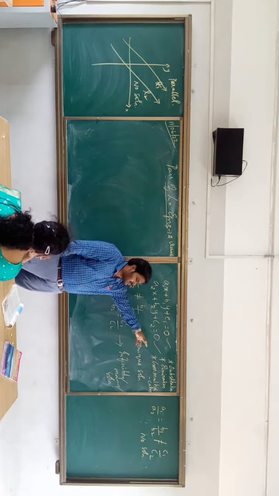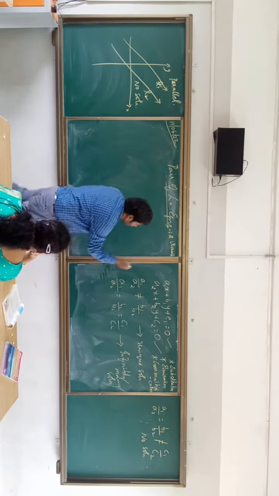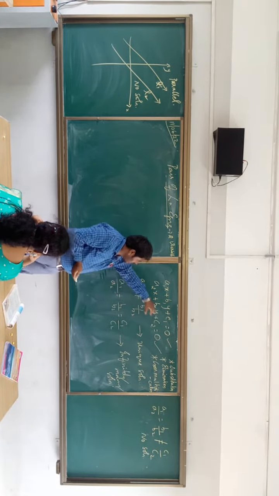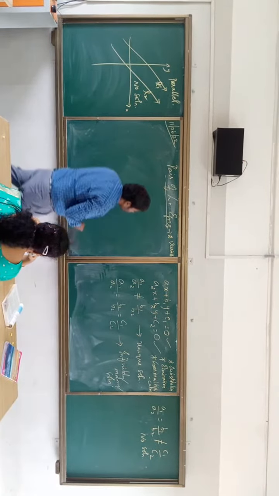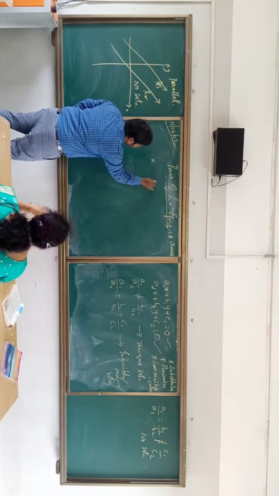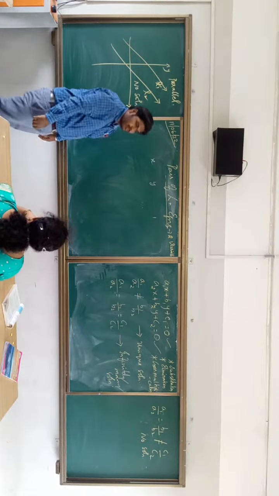So in our cross multiplication method, let us see how we take the equations. Here I have a1x plus b1y plus c1 equals 0, then a2x plus b2y plus c2 equals 0, the two equations. The variables are x, y, and the constant, which we mention as 1.